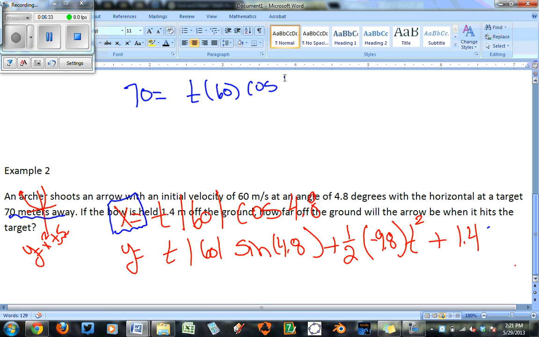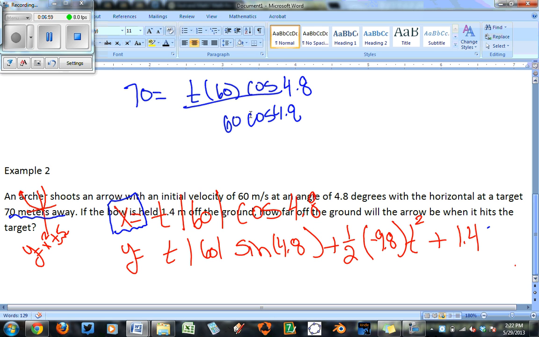Cosine of 4.8. And to solve for t, obviously, we just divide both sides by 60 times cosine of 4.8. Again, make sure your calculator is in degrees. I have to type this real quick on my calculator. So 70 divided by 60 times cosine of 4.8.